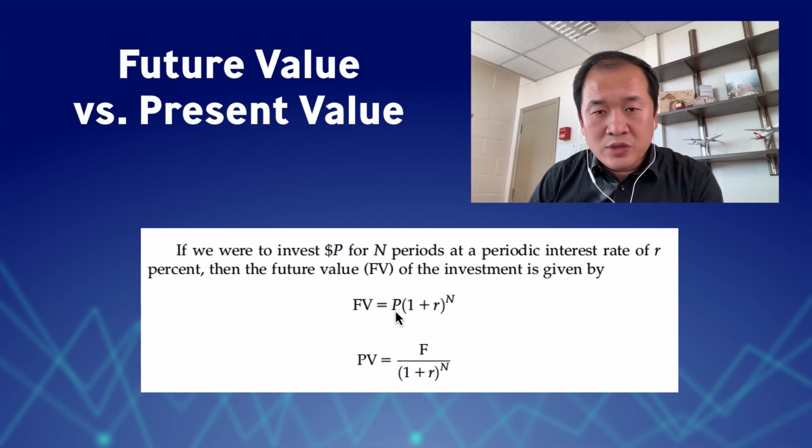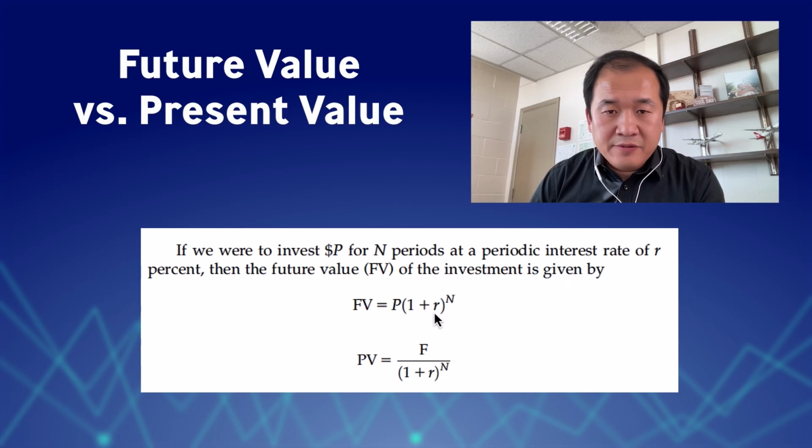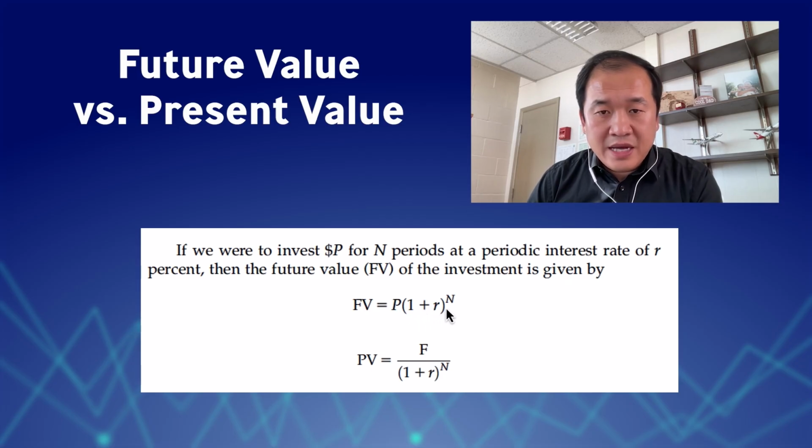P is your initial capital, R is the return of the investment per year, and N is the number of periods. We use the previously introduced compound interest calculation, and you can convert from present value to future value.